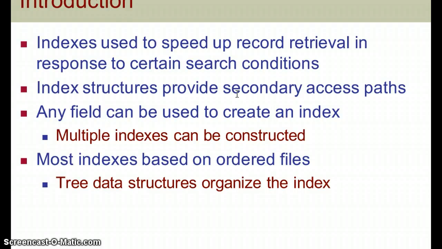They enable efficient access to records based on the indexing fields that are used to construct the index. Basically, any field on the file can be used to create an index, and multiple indexes on different fields can be constructed on the same file.